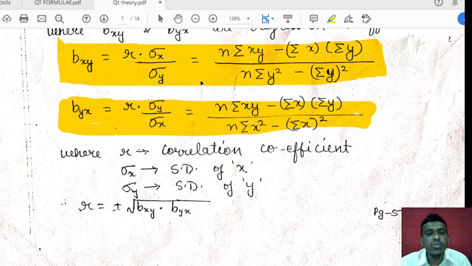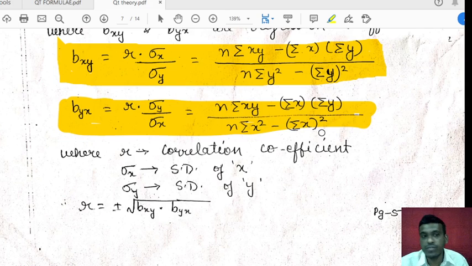The numerator remains the same, n into summation xy minus summation x into summation y, for both bxy and byx, the whole divided by the denominator, which now changes. For bxy it was n into summation y square minus summation y the whole square; here it becomes n into summation x square minus summation x the whole square. So this is how it takes the form of bxy and byx.